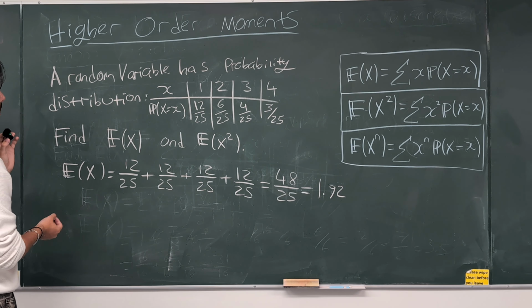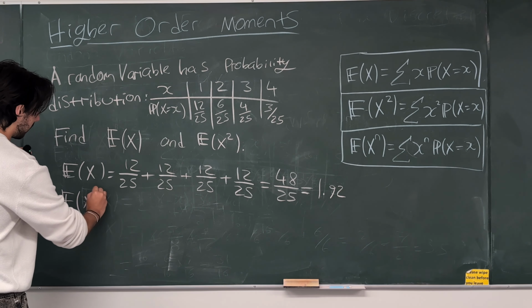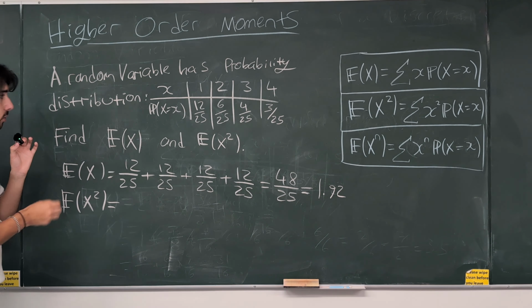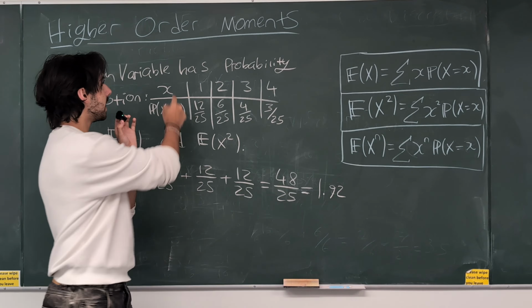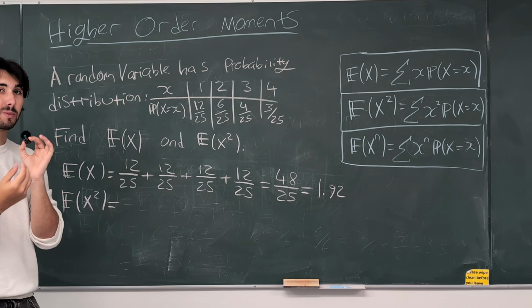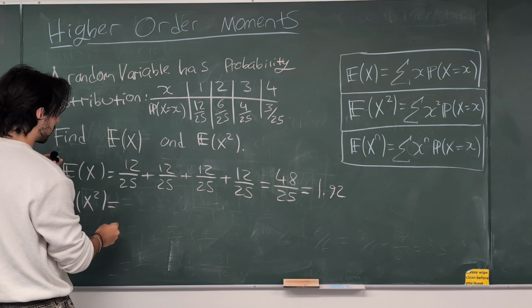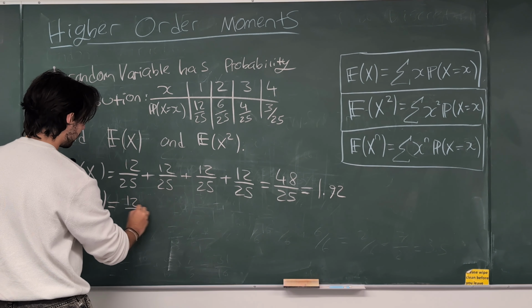What about the expected value of x squared? How do we do that? Let's have a look. All we're going to do here, guys, is the same thing, but each x value is going to get squared before we multiply it by its probability. That's it. So 1 squared times 12 over 25, that's still 12 over 25.